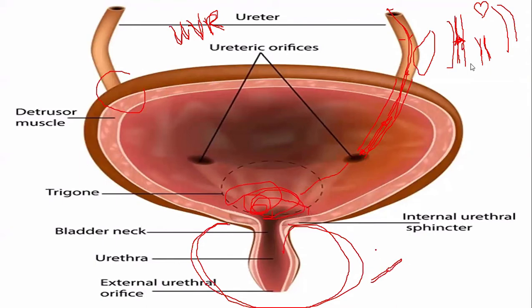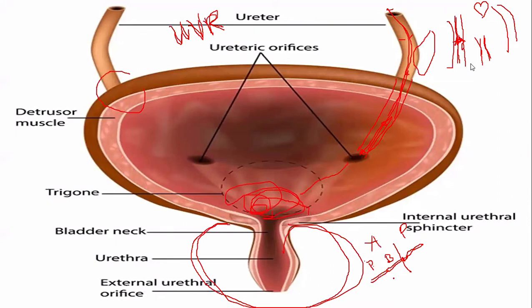The anterior urethra is composed of the penile and then the bulbar, okay? Then the posterior urethra is composed of your membranous portion here, and then the prostatic urethra.